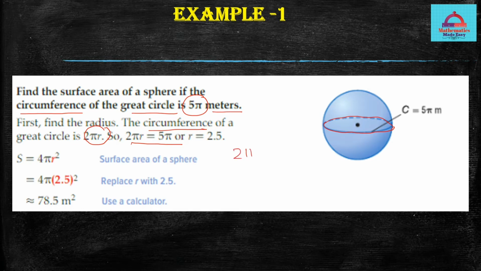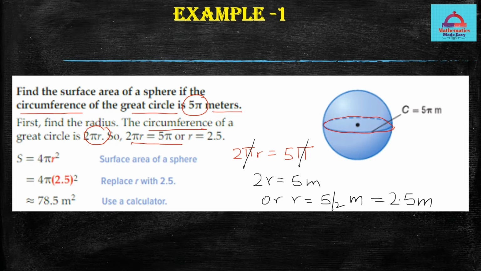So 2 pi r is equal to 5 pi. So what is going to cancel from here? Pi cancels with pi to give you 2r is 5 meters, or your radius is 5 divided by 2 meters, that is 2.5 meters. So that has given us the radius of the sphere or the radius of the great circle. Both are going to be equal.